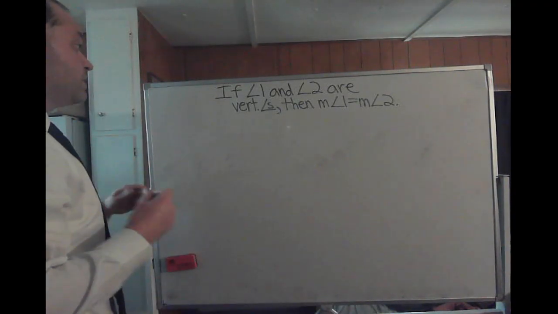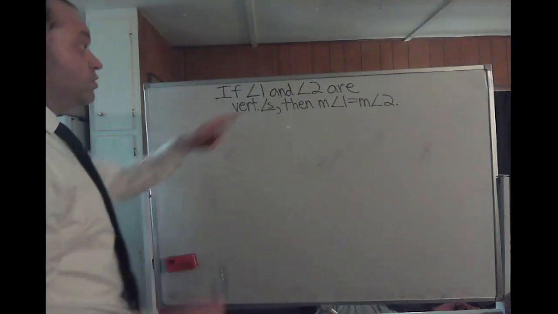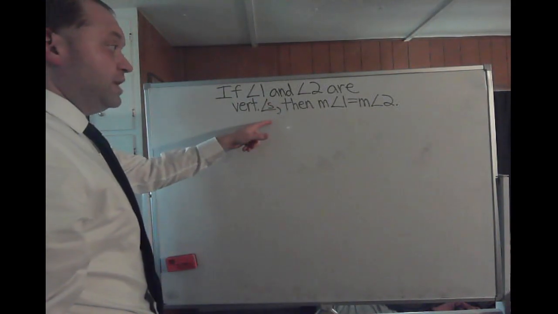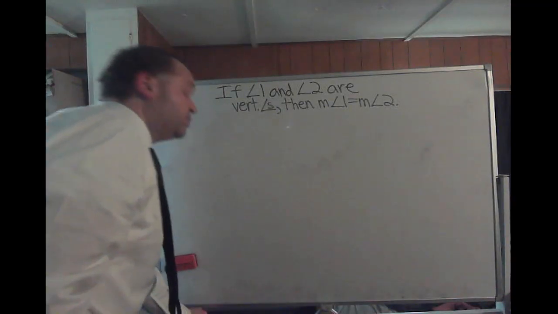So, this statement is, if angle 1 and angle 2 are vertical angles, then the measure of angle 1 equals the measure of angle 2.